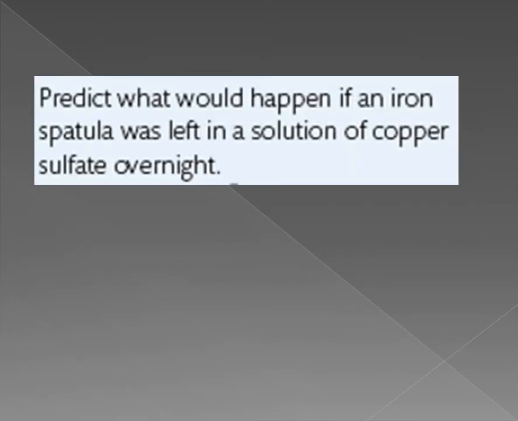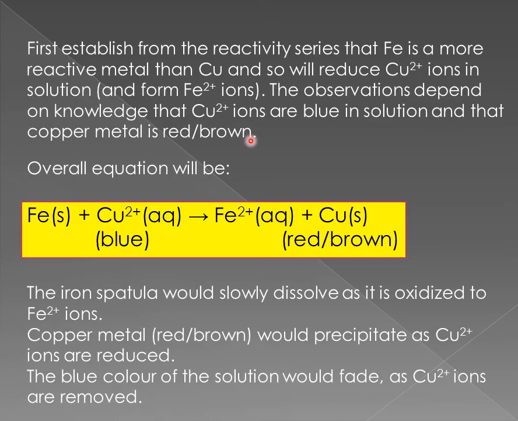Last question. Predict what would happen if an iron spatula was left in a solution of copper sulfate overnight. First, establish from the reactivity series that iron is a more reactive metal than copper, and so will reduce copper ions in solution.